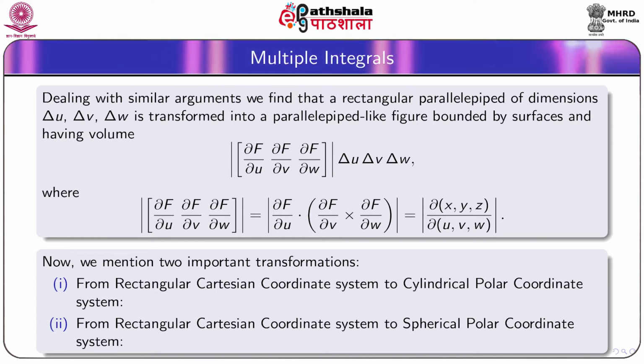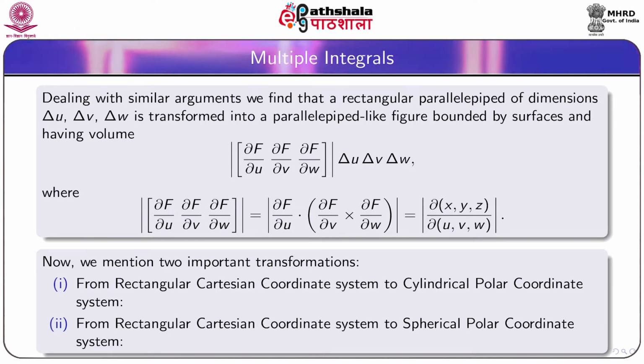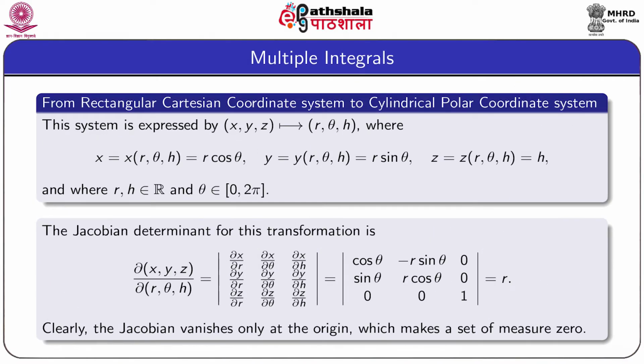Now, we mention two important transformations which we use regularly. First one, from rectangular Cartesian coordinate system to cylindrical polar coordinate system, and second, from rectangular Cartesian coordinate system to spherical polar coordinate system. First, we discuss the transformation from rectangular Cartesian to cylindrical polar coordinates.